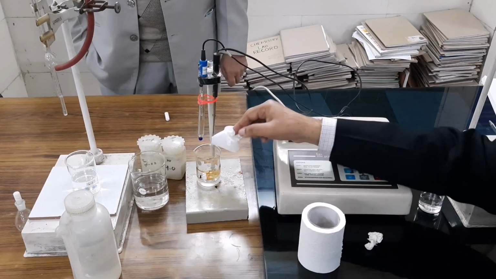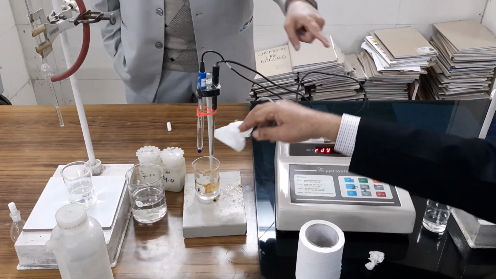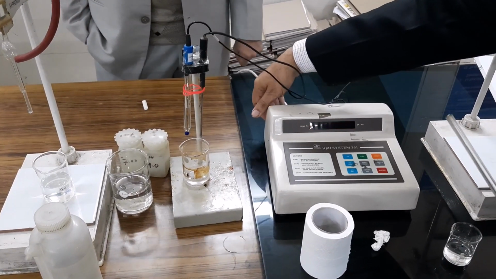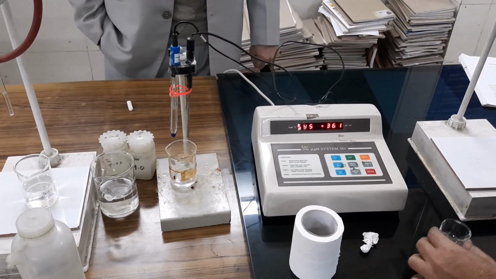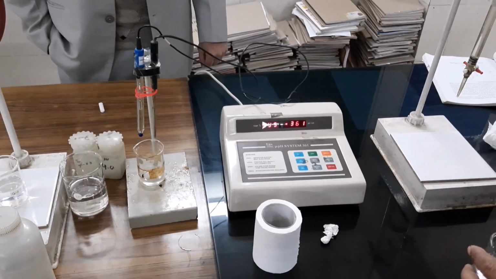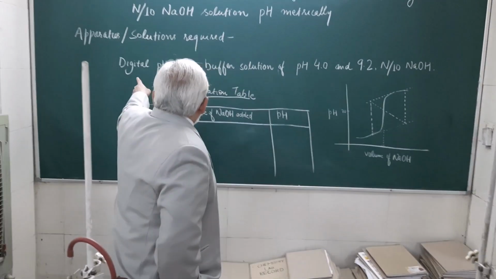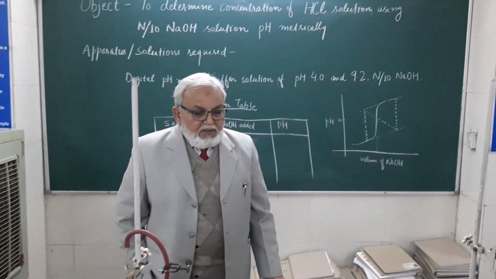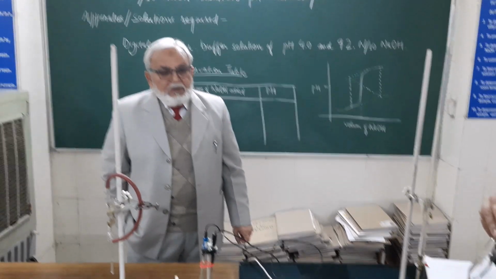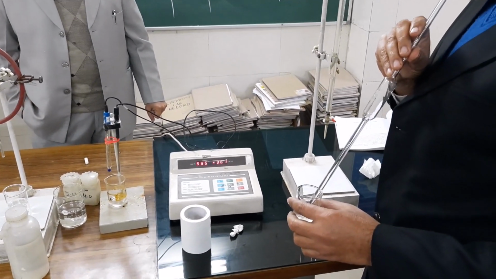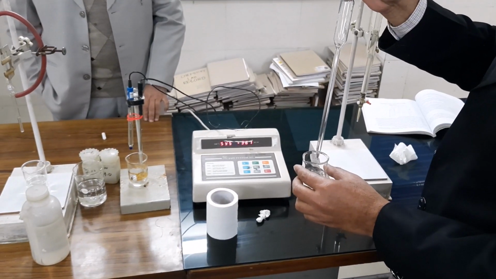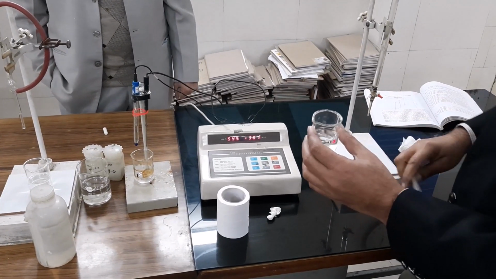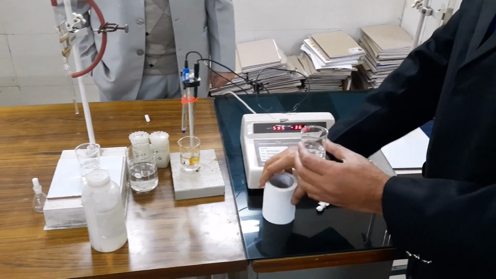Then the electrode of this pH meter is dipped in the solution for which we are determining the pH. Here our solution is unknown HCl solution. So for that, pipette out 25 ml of HCl and transfer it into a small beaker of 100 ml capacity.